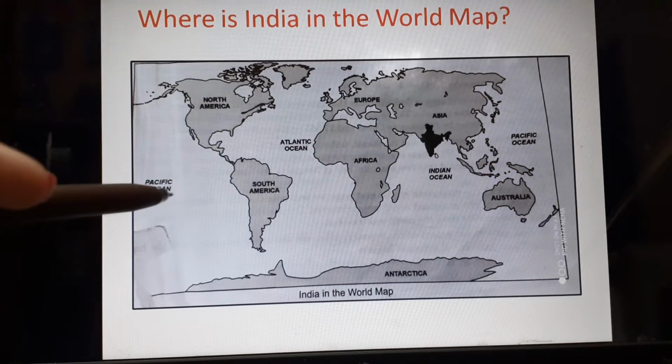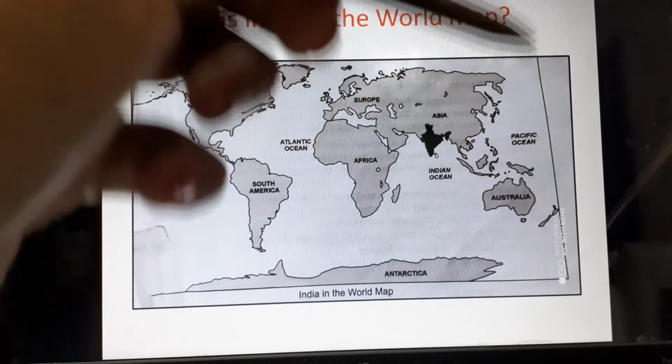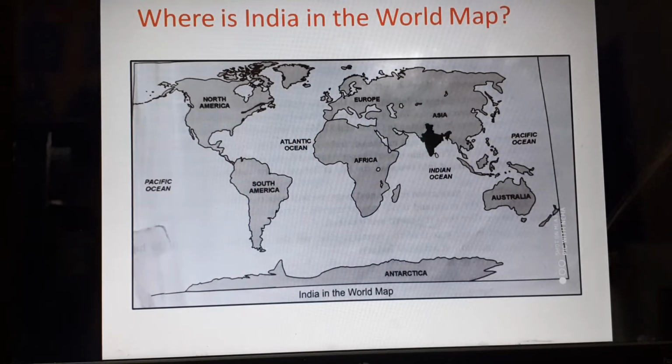So you can see that the Pacific Ocean is here and the Pacific Ocean is here. It is just because it is basically a sphere, and we are looking at just one view of the sphere to locate or to understand the location of the various continents.